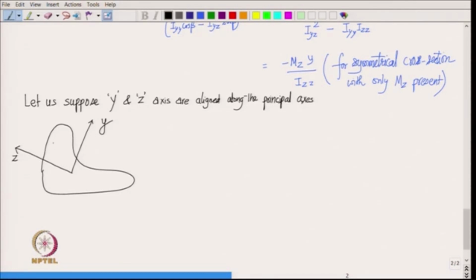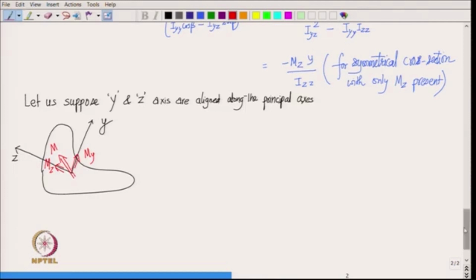So, we may have moment acting, let us say, in this direction. So, that is the moment, and then we can resolve this moment along the principal axis. So, we get m y and m z. Okay.